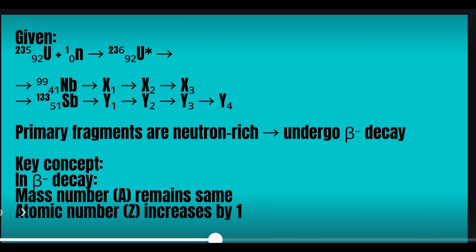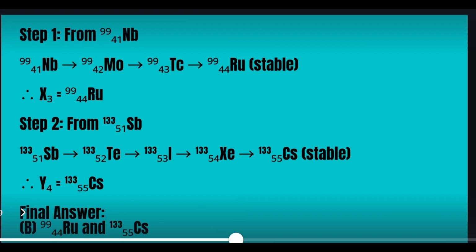Then you see in step 1, niobium 99, 41 gives rise to molybdenum 99, 42. Here mass number does not change, but atomic number increases by 1. That gives Tc 99, 43, and that gives Ru 99, 44. That is stable. Therefore, X3 is equal to Ru 99, 44.